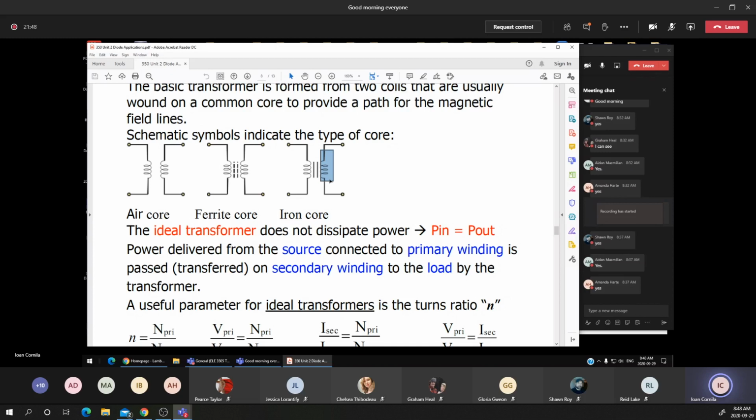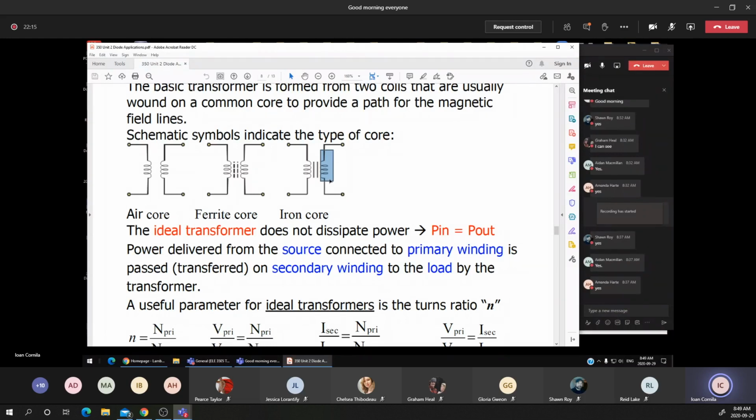Audio frequency, for example, is still a low frequency. Usually the audio frequency is anywhere between 20 hertz and 20 kilohertz. Usually the iron core is used for low frequencies, but the frequency may be anywhere between a few tens and a few hundreds. I'm not using anything above these values.